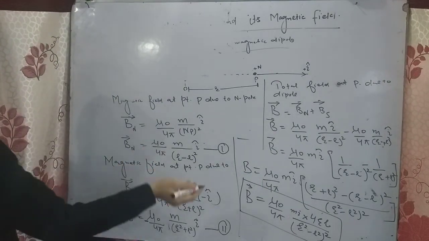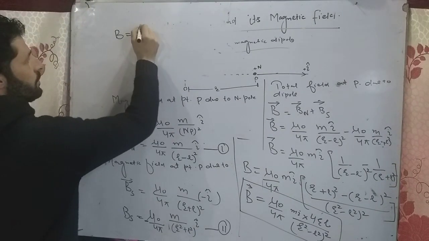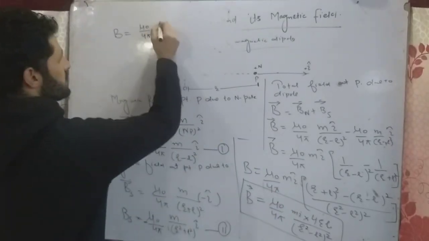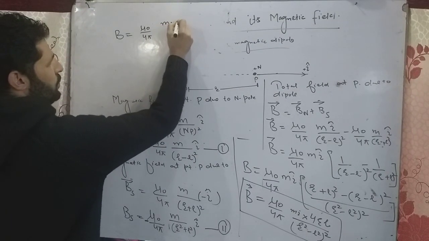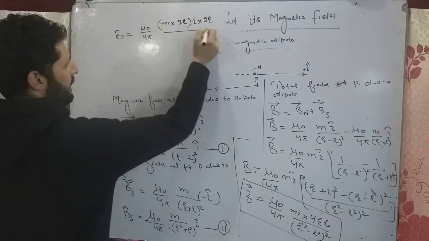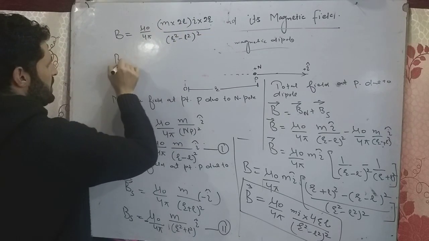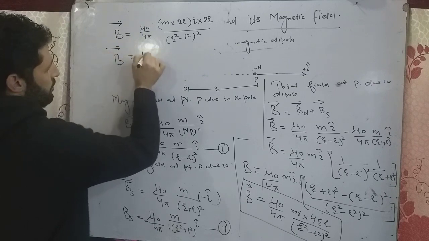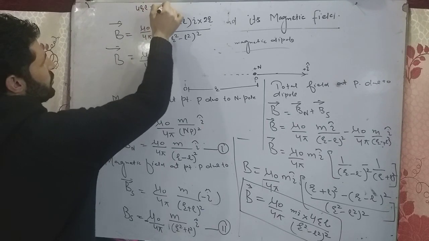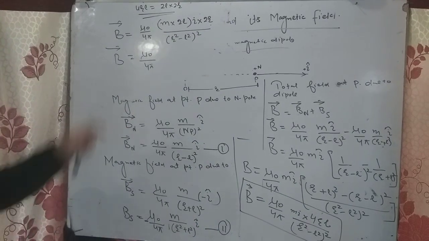So this B is equal to mu 0 by 4 pi, and this m into 2L I cap into 2r divided by r square minus L square whole square. I wrote 4rl as 2l into 2r, that is 4rl is equal to 2l into 2r.